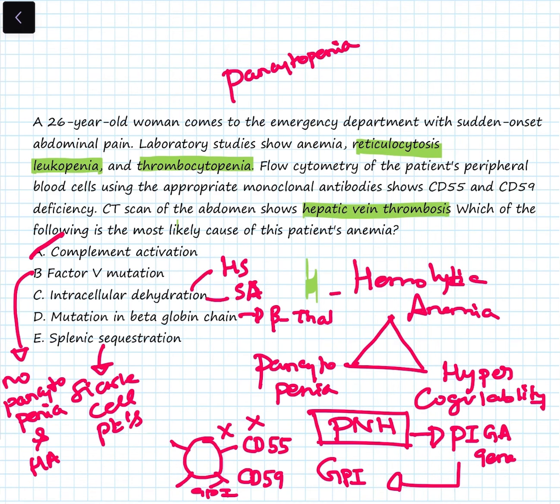It can be a component of Budd-Chiari syndrome, right? So the take-home message is, whenever you see a patient with sudden onset anemia, hemolytic anemia, pancytopenia, and hypercoagulability, think that you are dealing with a case of PNH, paroxysmal nocturnal hemoglobinuria, right?